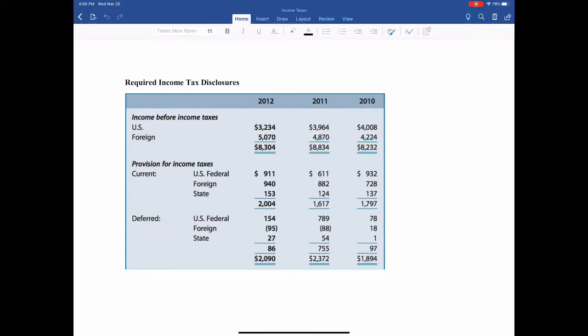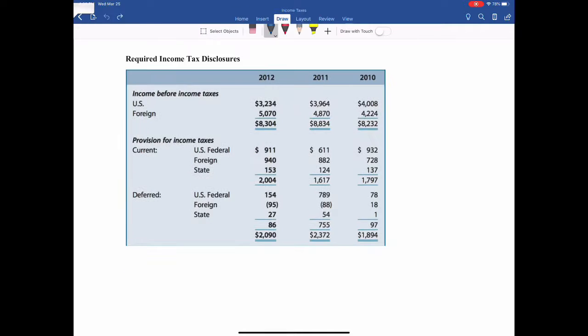We talked about income tax in chapter 2 regarding deferred tax assets and deferred tax liabilities to understand the firm's activities. And this is a tax disclosure for the past 3 years.